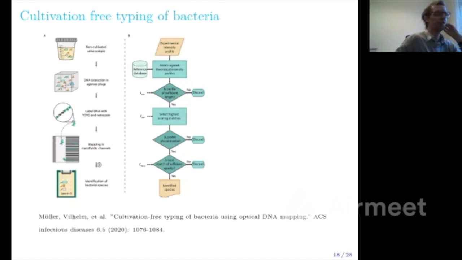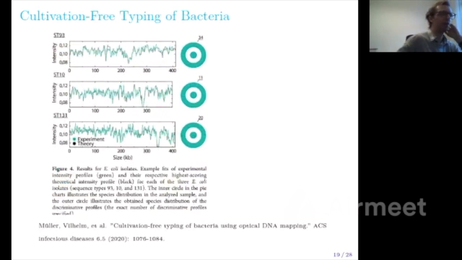Yeah, so it's a rather interesting approach, I think, and I included a few examples of how this method works. Here you have 3 different E. coli isolates, and you can see how their barcodes were placed on the theoretical barcodes.